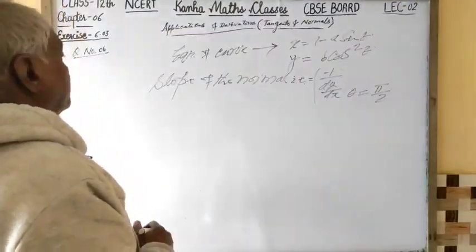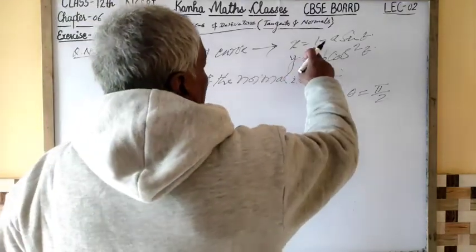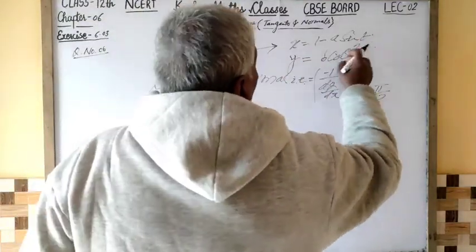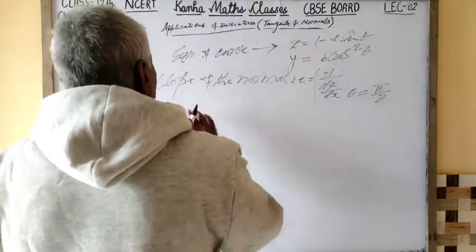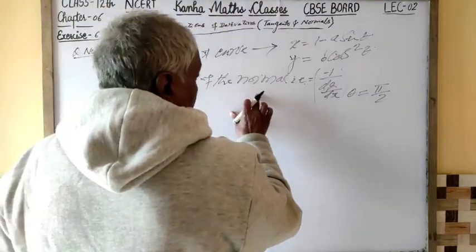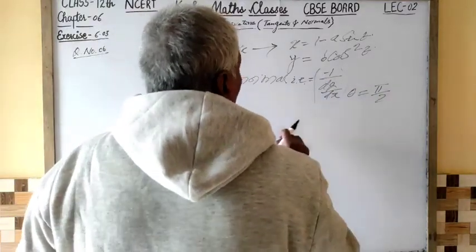Now in question number 6, the equation of the curve is given by x is equal to 1 minus a sin theta and y is equal to b cos square theta, and from this you have to find the slope of the normal, that is minus 1 upon dy by dx at theta is equal to pi by 2.